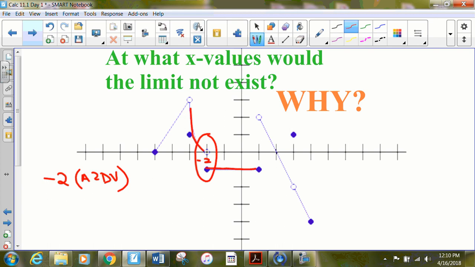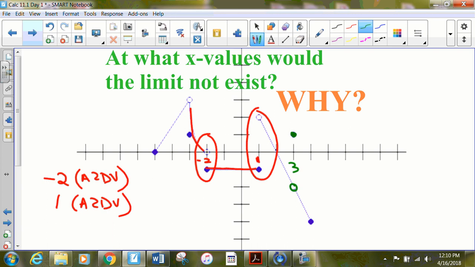And same thing where x equals 1. When x equals 1, they're also approaching 2 different values, so a limit would not exist. And I know what you guys are thinking: well, what about here at 3? A limit does exist, even though there's this crazy dot up here, and this one is open.